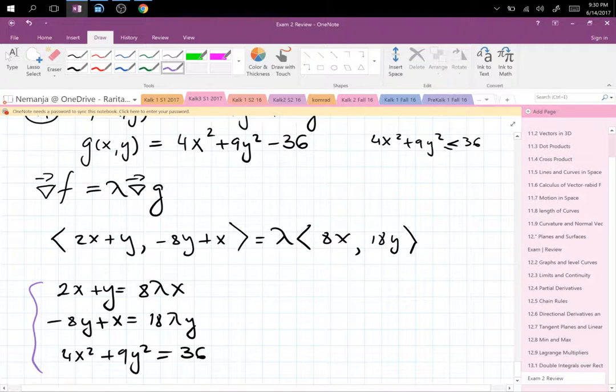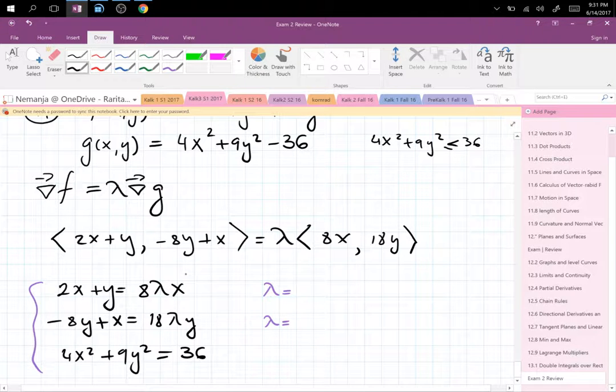Now you solve it in whatever way you can. Standard for problems like this, lambda equals everything else, lambda equals everything else, and then set those equations together, and then you will have that equation and the one on the bottom, the third equation, the ellipse. And you figure those out.